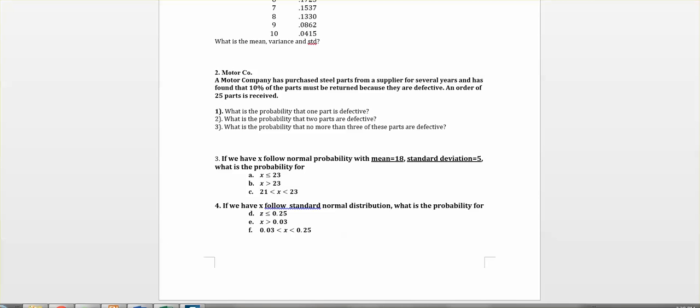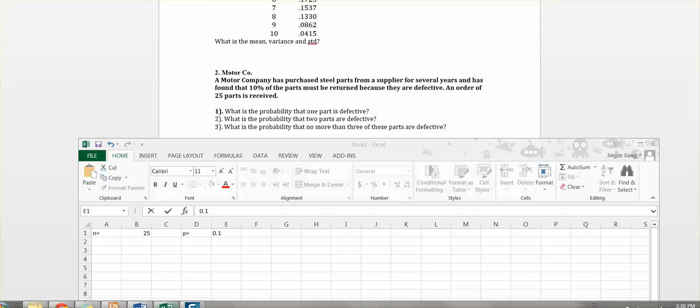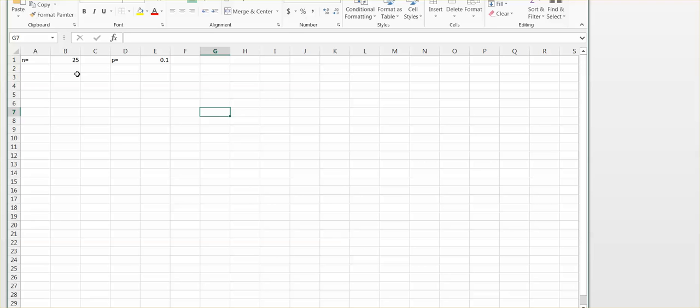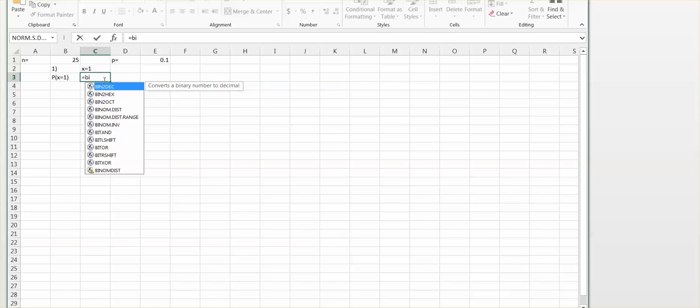So now we can open our Excel file. I've already written down the values for n and p given our business case. The first question we are looking for is x equal to 1. So the probability for x equal to 1, given the variable follows the binomial distribution, is equal to, remember the function we will use, the equal sign, BINOM.